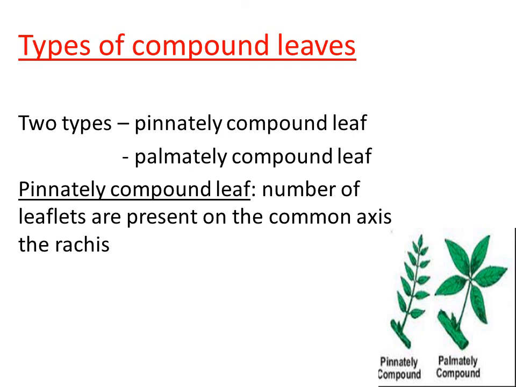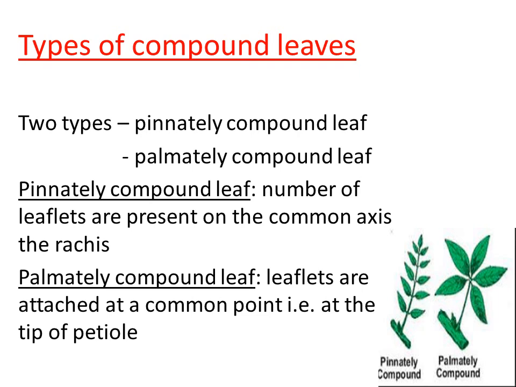Then the second type is the palmately compound leaf. A palmately compound leaf shows a characteristic appearance like a palm. In our palm, the five fingers are attached to a common point, right? In a similar way, in a palmately compound leaf, a number of leaflets are attached at a common point. Clear?